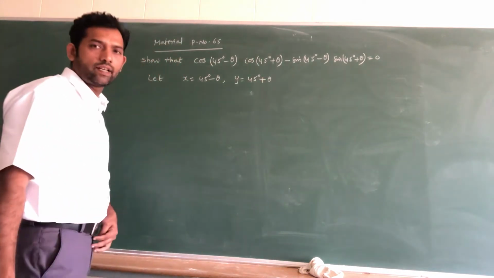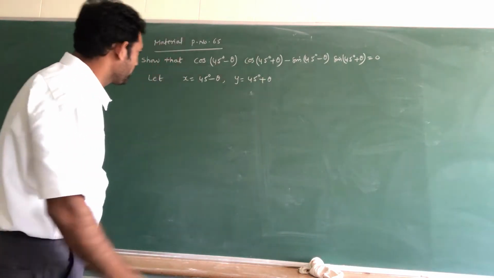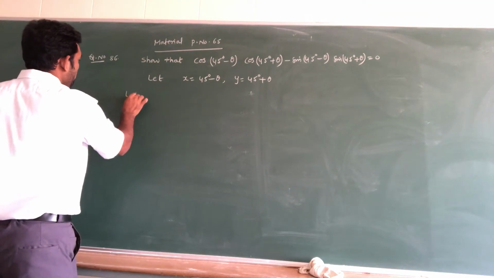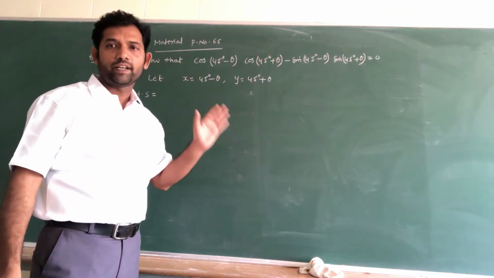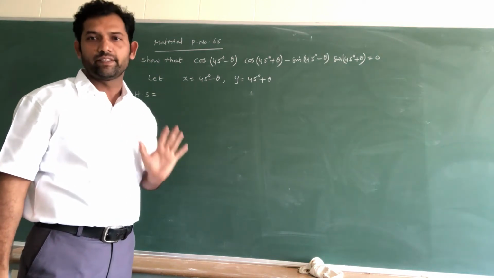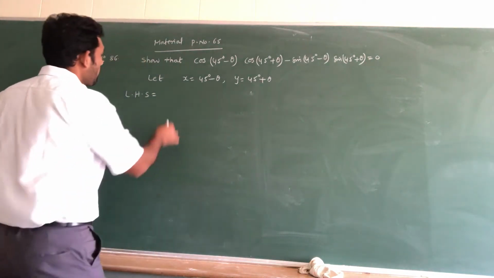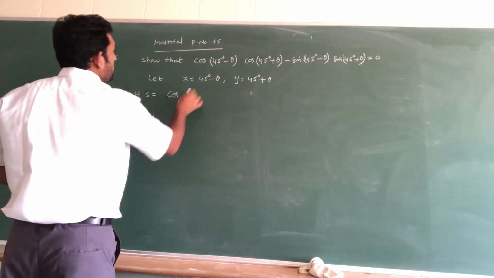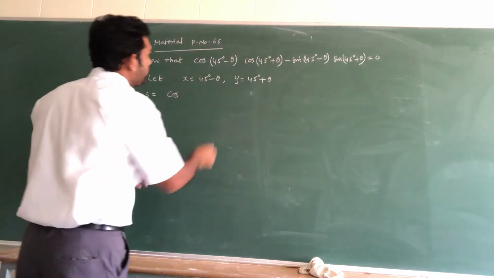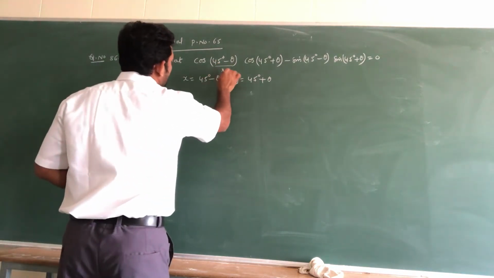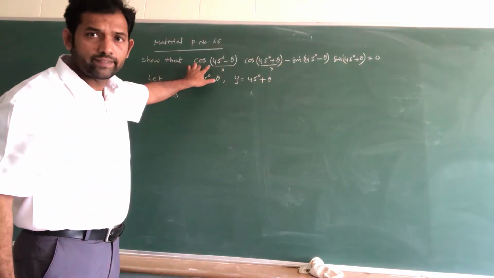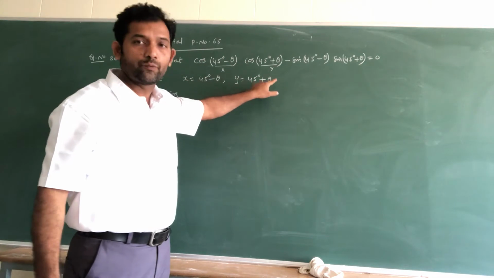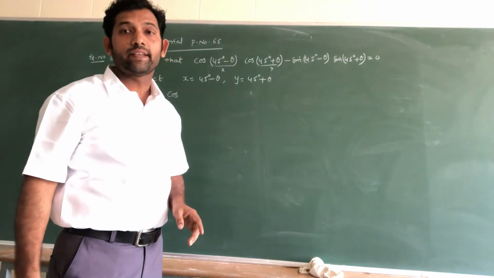Then what happens? You have to observe. Take the LHS value, like the models we already completed in the exercises. Once again I will revise the points. So this is x, this is y, so that is cos x cos y minus sin x sin y.